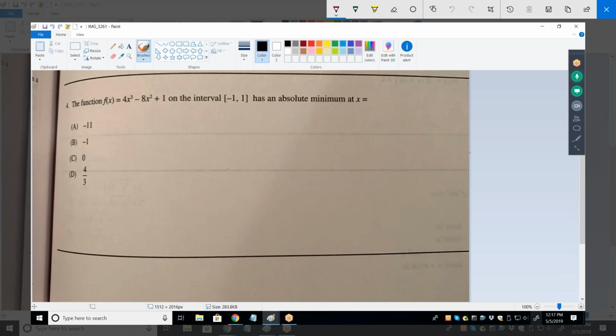All right, so we're taking the derivative and finding where it changes from negative slope to positive slope. Or there's an easier way: take the second derivative. If it's positive, it's concave up. If it's negative, it's concave down.